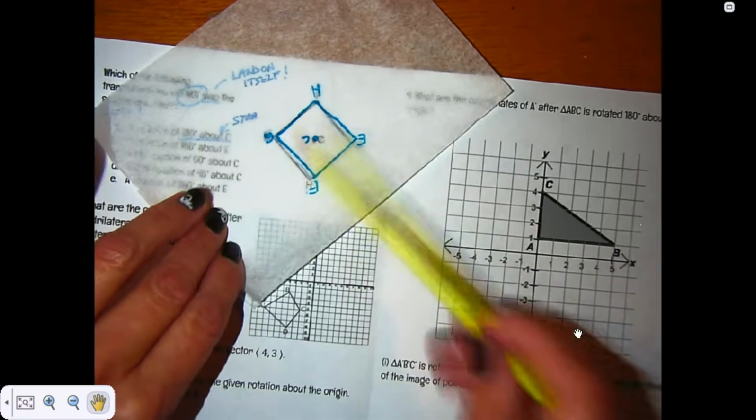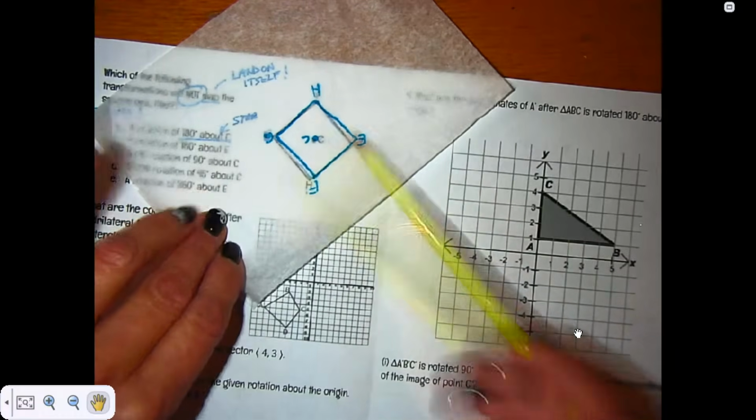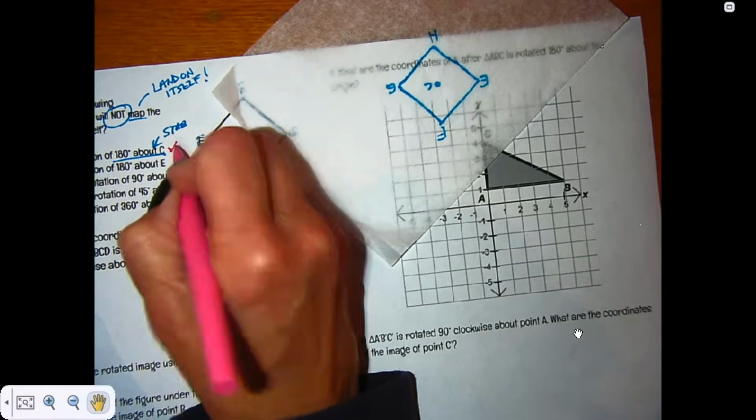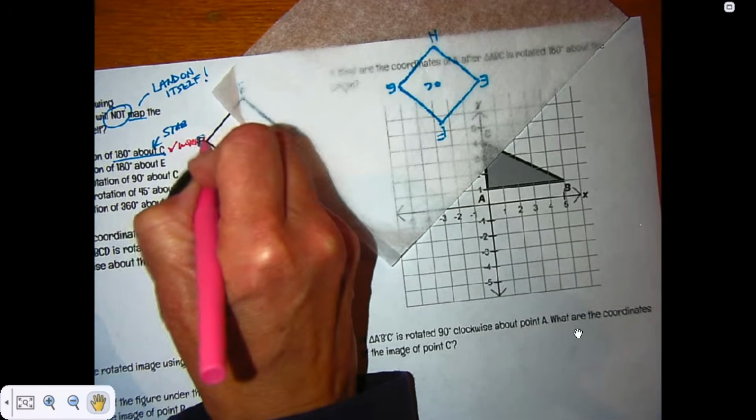And it sure does. The shape matches up. The points don't matter, but the shape is exactly the same. So this one does work. But remember, this is a "not." So I'm going to put a little check mark here because it works, and since it works, I'm going to cross it off because this is a "not."